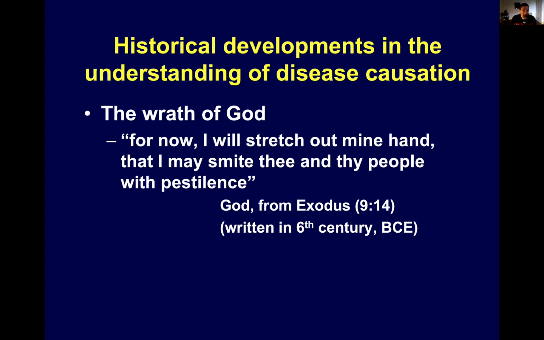So one common theme is that disease and death were brought about by the wrath of God. And here's a quote from the Bible that says, "For now I will stretch out mine hand, that I might smite thee and thy people with pestilence," from Exodus.